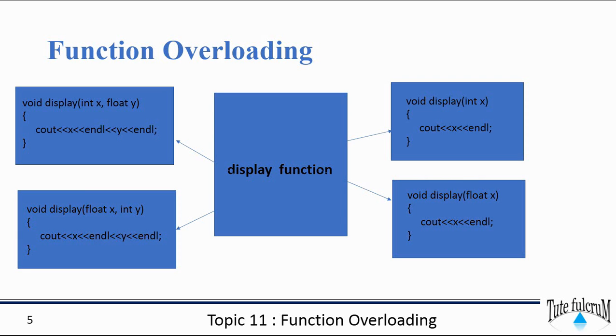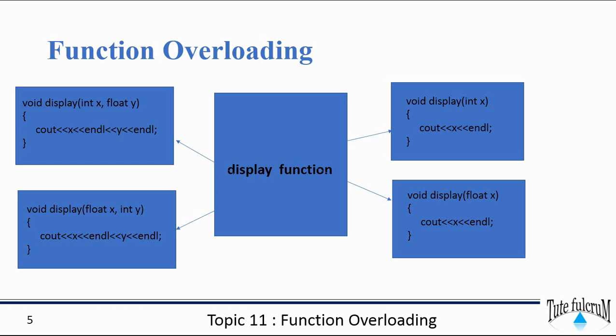So how is function overloading exhibiting a polymorphic behavior? Here it's very clear that you have the same function name for all the 4 functions. It is the same, display. So the name is the same, but they exist in different forms. The first kind is the display function with only one integer argument. The second form takes one argument with a float type.